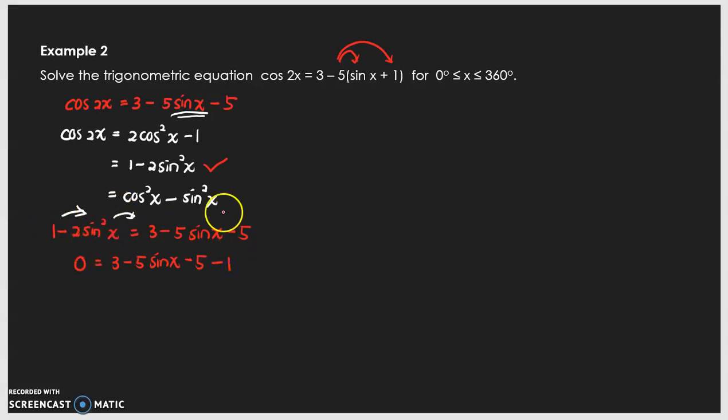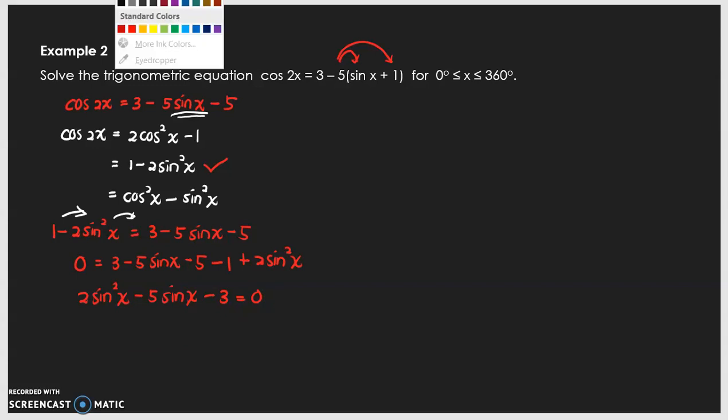Negative 2 sin squared x becomes positive 2 sin squared x. Next, I will try to rearrange. Start with 2 sin squared x, then minus 5 sin x, and 3 minus 5 minus 1 becomes negative 3, equal to 0.